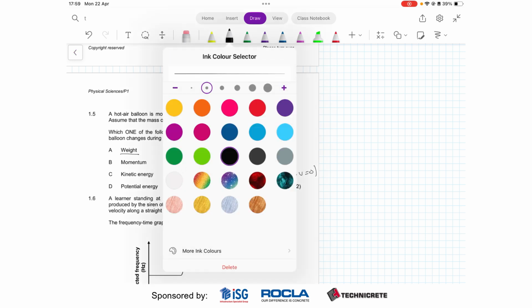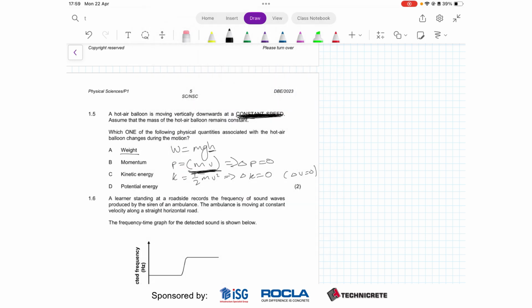Now, the last one is thus potential energy, which is also equal to mgh.